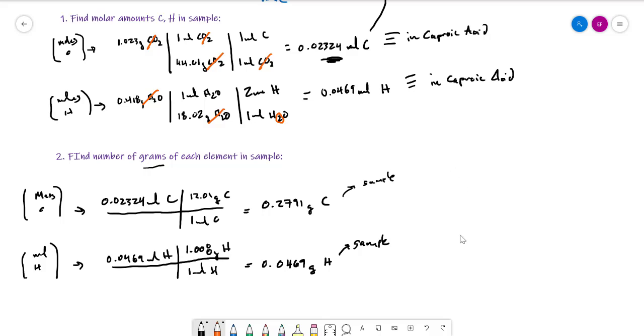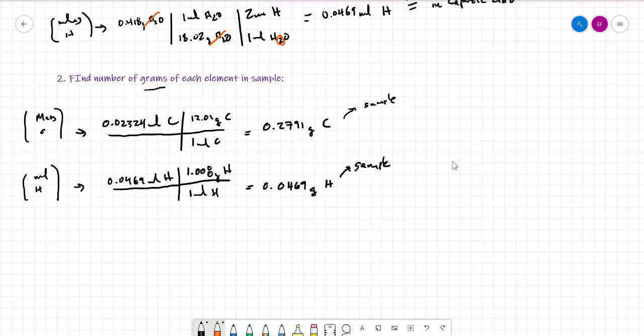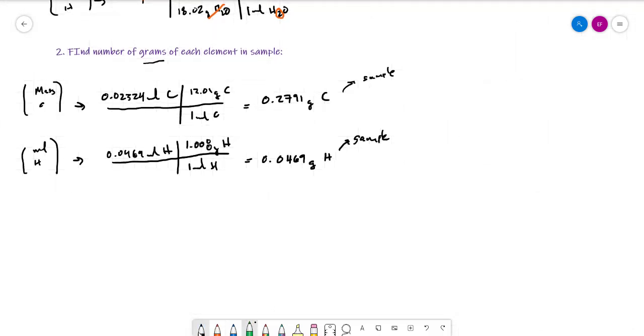If we think this through, remember in the original problem, we were told that we had a sample, the white powder that we analyzed, that was 0.450 grams. We just figured out that of the 0.450 grams, 0.2791 grams of it is carbon, and 0.0469 grams of it is hydrogen.